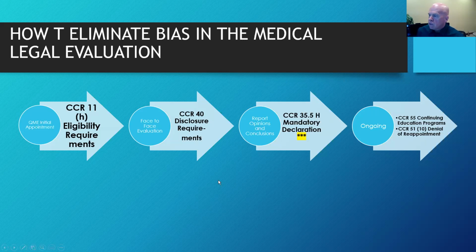And you'll notice that this plan spans the entire life cycle of the qualified medical evaluator, beginning back here before a prospective QME even sits for the competency exam.